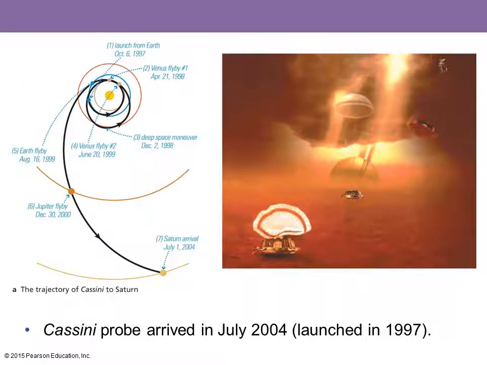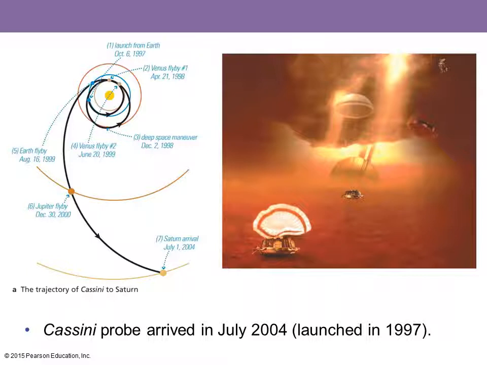This is kind of a diagram of the path that Cassini took in order to reach one of the moons. And as you can see, it wasn't a direct route. It had to use several planets to do a flyby to gain enough speed to actually reach Saturn and its moons.